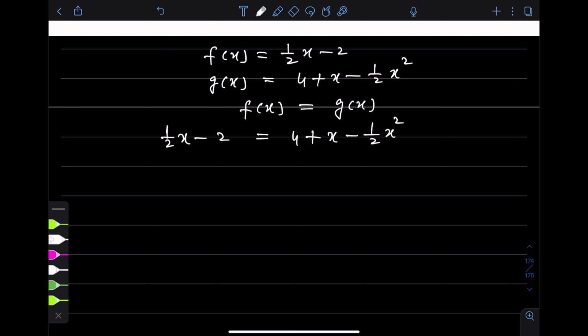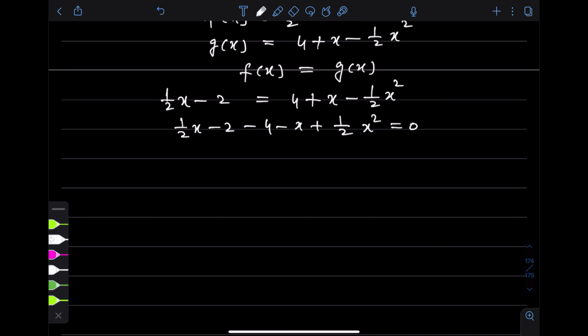Rearranging this equation, writing in standard form, 1 over 2x minus 2 minus 4 minus x plus 1 over 2x square is equal to 0. Collecting the like terms, this becomes 1 over 2x square minus x over 2 minus 6 is equal to 0.